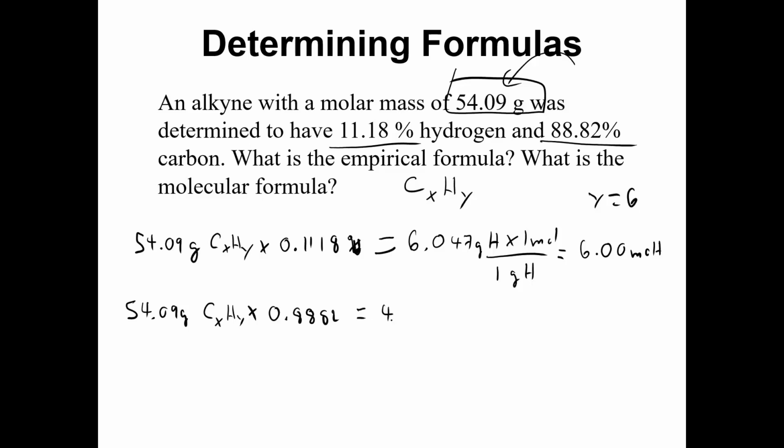I end up with 48.04 grams of carbon, converting to 1 mole of carbon divided by 12.011 grams of carbon. I end up with 4.00 moles of carbon. I don't have to worry about the ratio. I know that this is C4, that's going to be the molecular formula, C4H6.